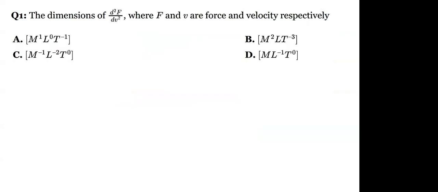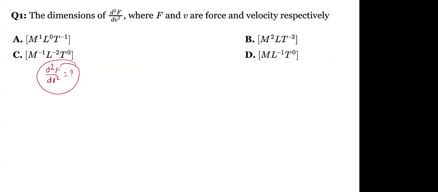So here's the first question. The dimension of d2F upon dV square, where F and V are force and velocity respectively. This is a kind of tricky question. You need to find out what d2F over dV square is, which physical quantity it represents, and then find the dimension of this quantity.